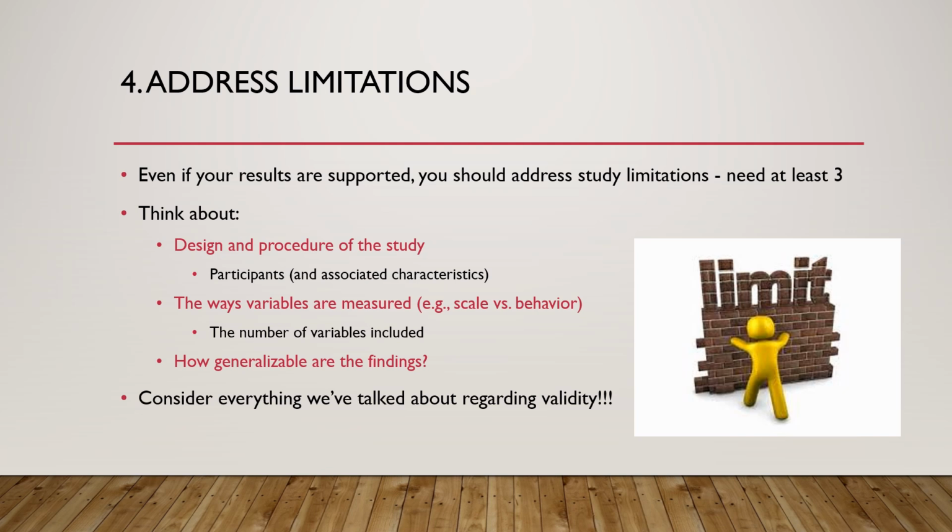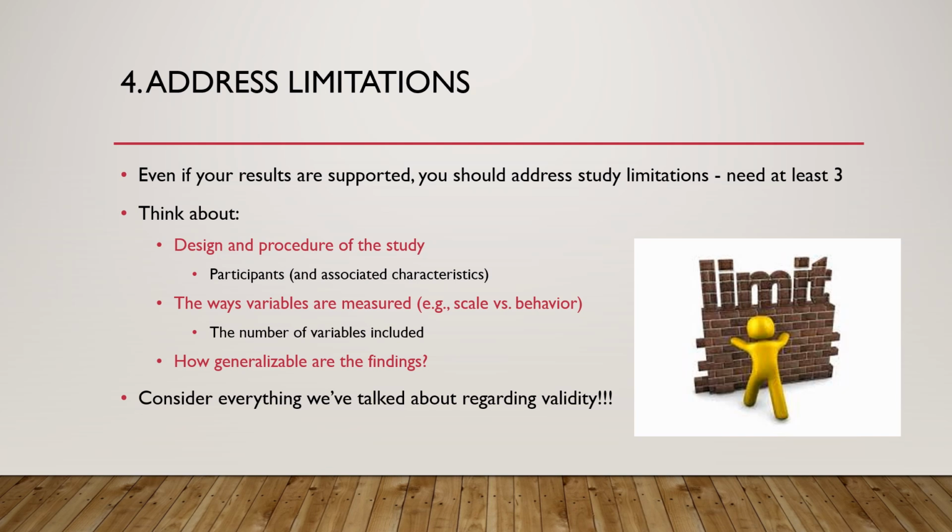So you should think about the design and procedure of the study and try to think about, how could it have been done differently? Or if we had done it differently, how could that have come up with different findings? Or how did the way we designed it maybe help to support certain findings? Or what are some design confounds that may have popped up that we didn't know about?